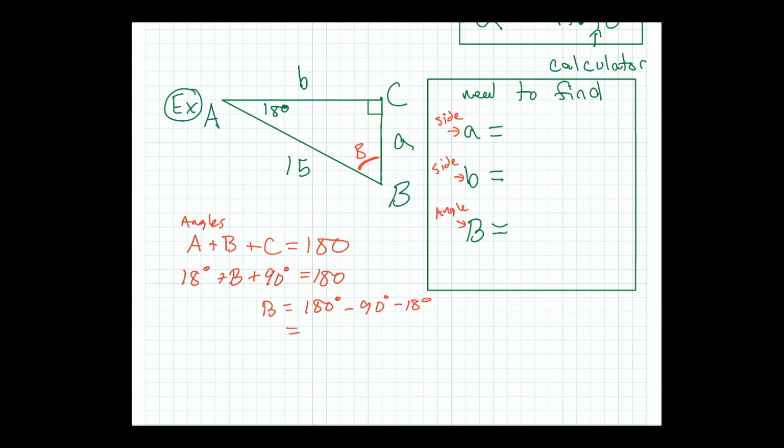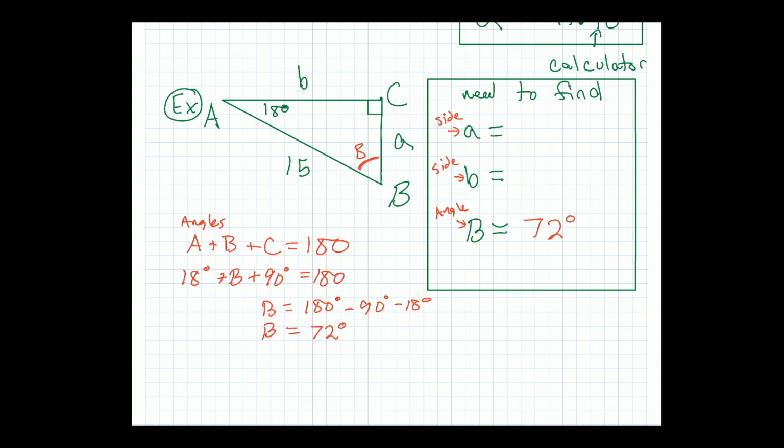I'm not going to use the on-screen calculator because it's slow. 180 minus 90 minus 18, you're going to find that B is 72 degrees. So I would just do it that way. We don't need any kind of advanced math to find that.